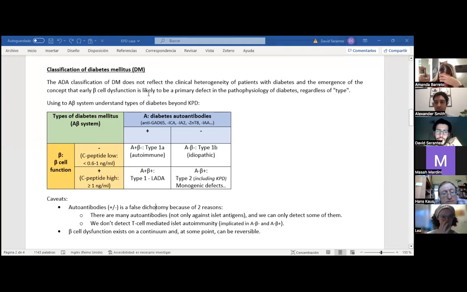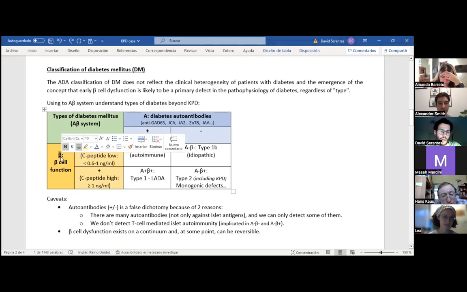The A-beta system, which is designed to understand ketosis-prone diabetes, divides the types of diabetes according to two questions: if they have autoantibodies, which is A, and the presence or absence of beta cell function, which is beta.